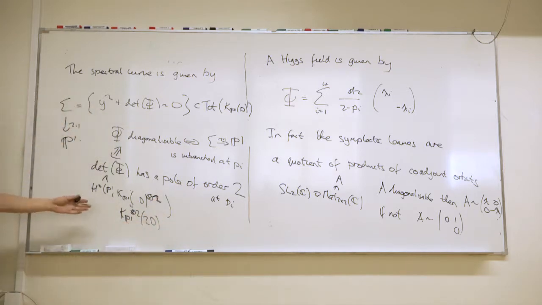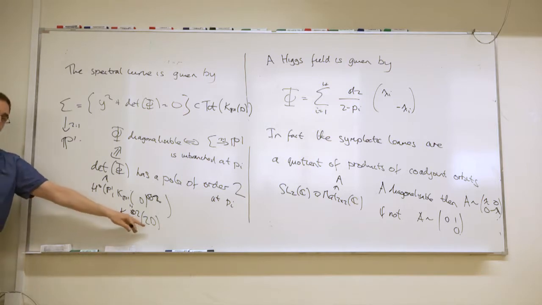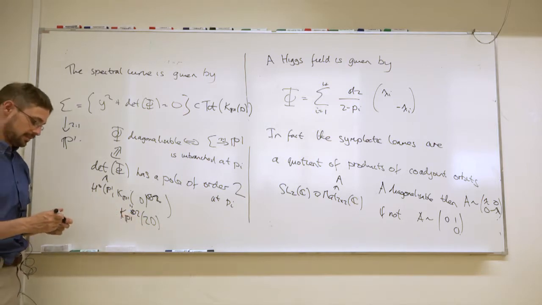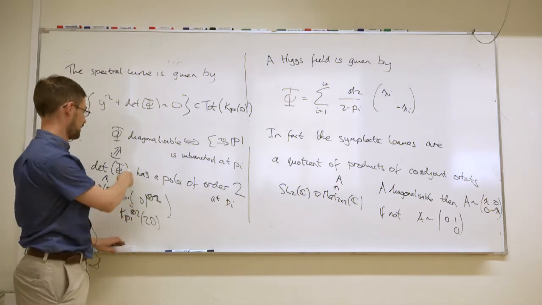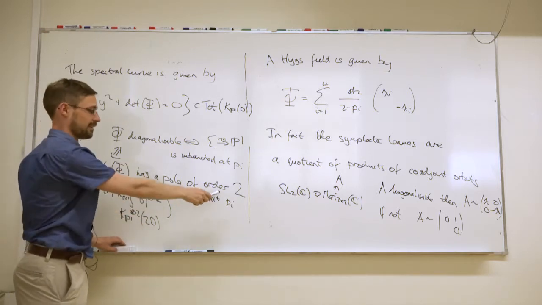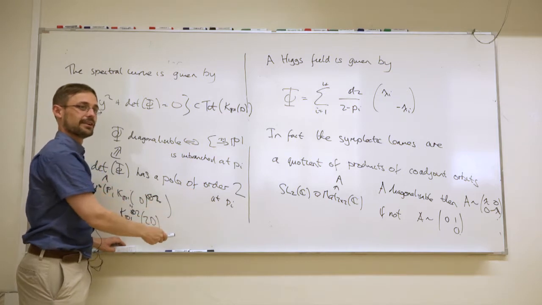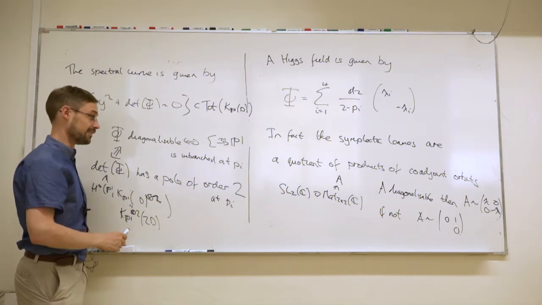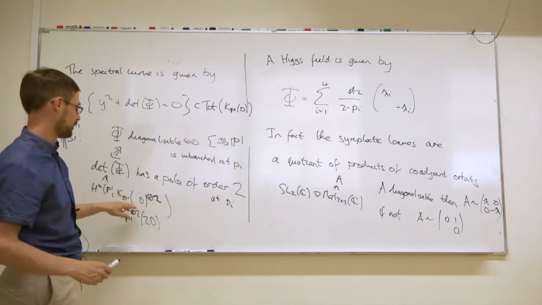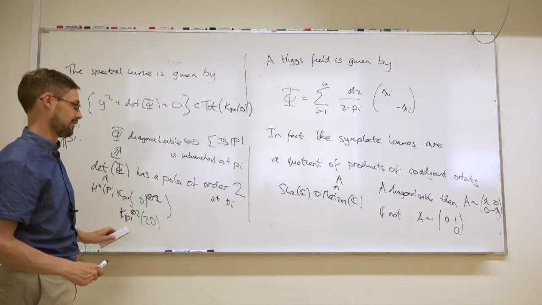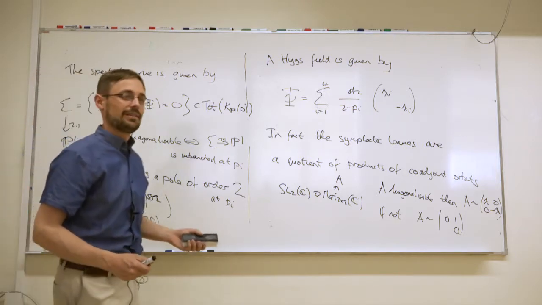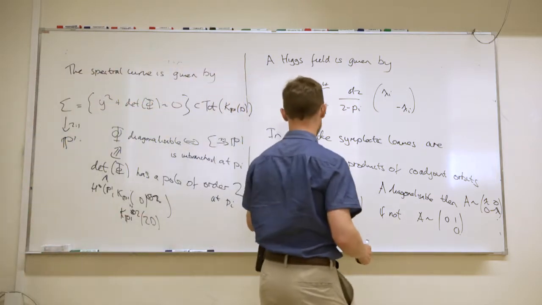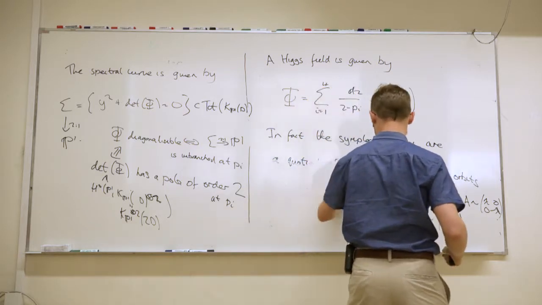The target of the Hitchin map is a space of quadratic differentials which can have poles of order 2 at the points of your divisor, and to say this is to really say that you actually do have a pole of order 2. There's nothing to say that a section of this can't have a lower order of pole, and choosing this nilpotent form really does give you such. But yeah, you have a good freedom of choice, let's say that.